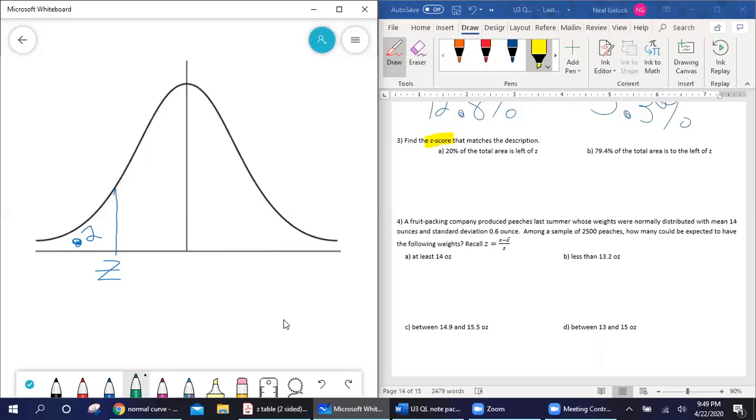I need to know what would this be as a decimal. Well, I know this is half, so this is 0.5 here. That means this must be 0.3. So I am looking for 0.3 on my areas on the sheet.